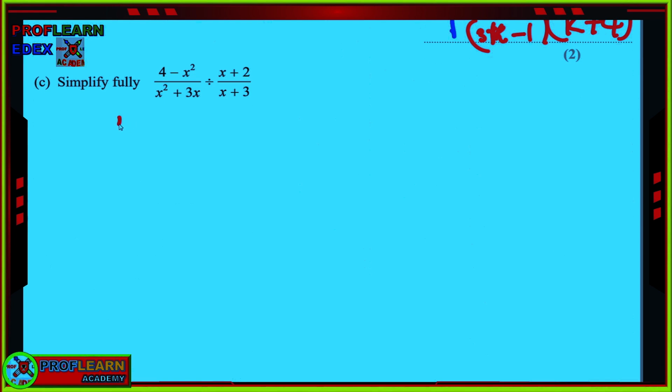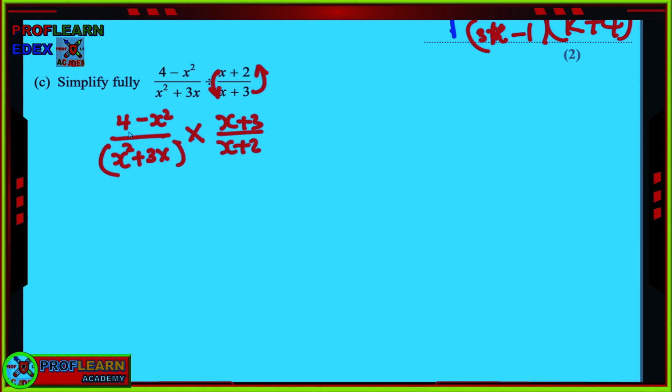What I'll do, I'll just say 4 minus x squared over x plus x squared plus 3x. The division sign, I can change it to multiplication, and then I'll take this up. This thing will come down here, so it will be x plus 3 over x plus 2.